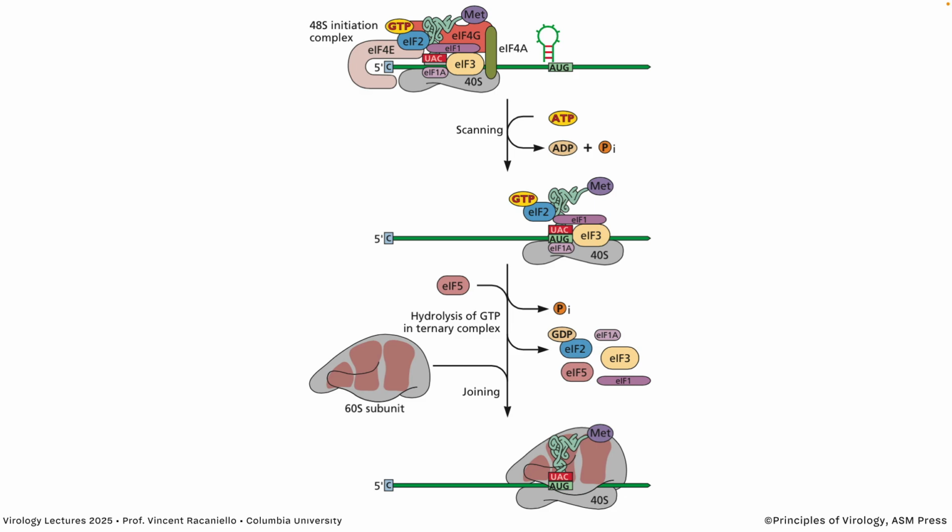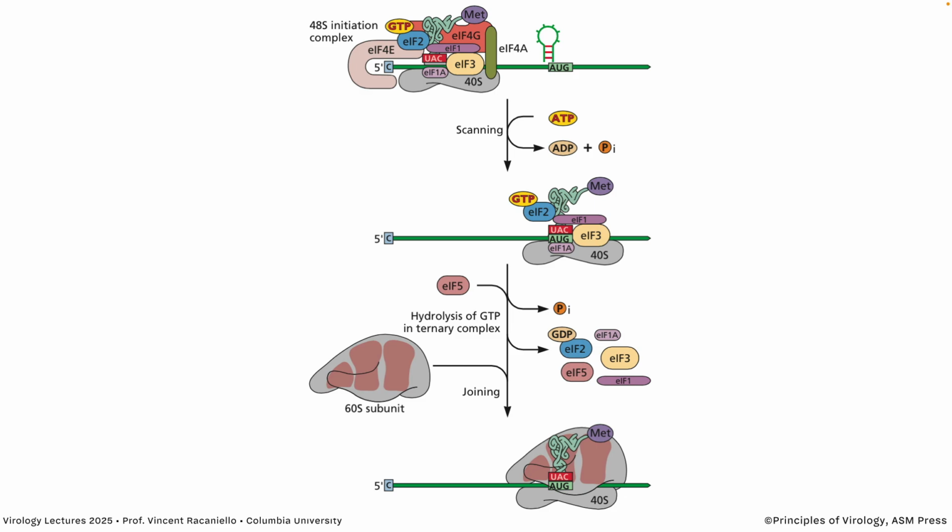ATP is hydrolyzed. Many of these proteins are released, and in comes, well, it's already there. Here sits the initiator tRNA, right? It's going to recognize that AUG. It's a met tRNA with a couple of proteins and GTP attached to it. So that starts translation. And what happens next is that the 60S subunit joins.